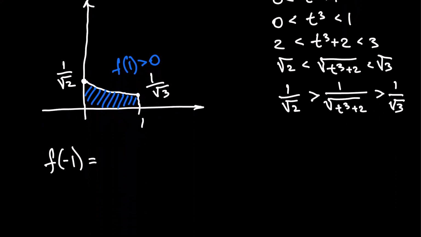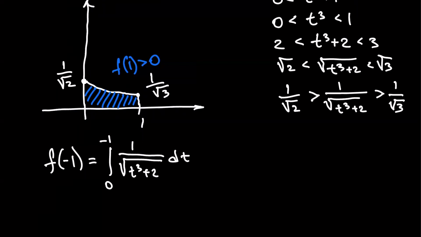This is equal to the integral from 0 to -1 of 1 over square root of t cubed plus 2 dt, which is equal to, changing the order of integration, negative integral from -1 to 0 of 1 over the square root of t cubed plus 2 dt.